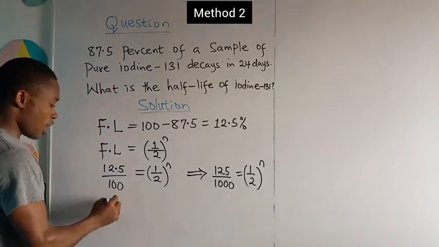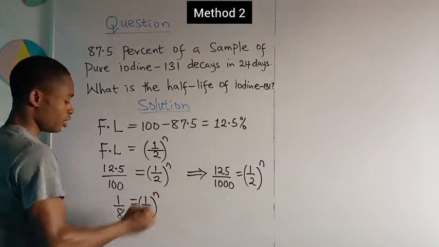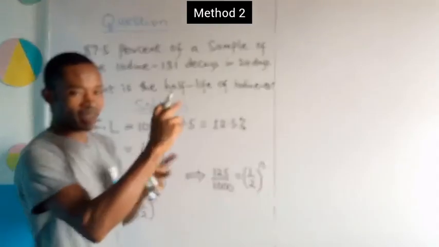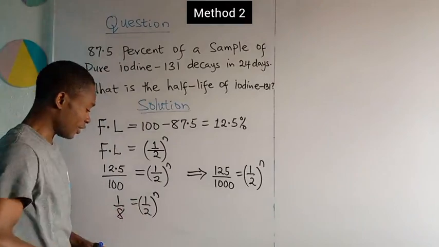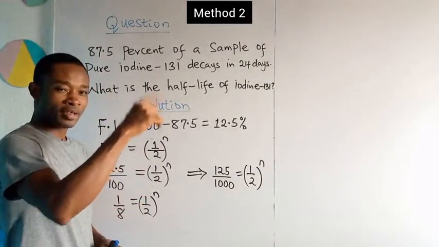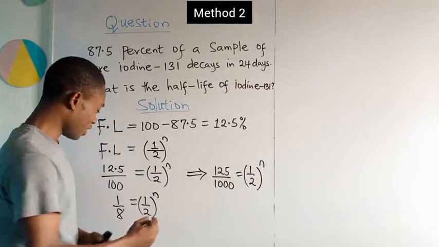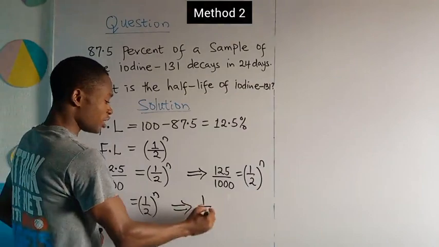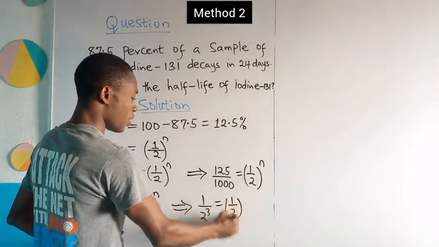We shall now have 1 over 8 equal to 1 over 2 to the power of n. Essentially, this is giving us a certain level in that method 1. There was a stage we had something like this, where I did 1 minus 7 over 8. So, are you observing something with this method? Breaking this down further, this is 1 over 2 to the power of 3 using indices, and then 1 over 2 to the power of n.